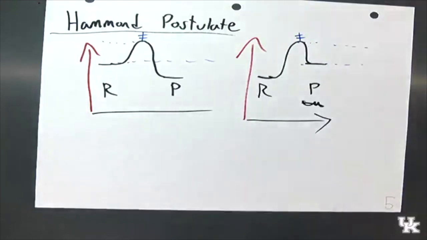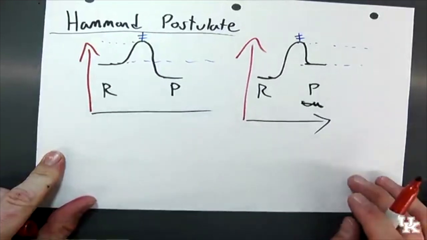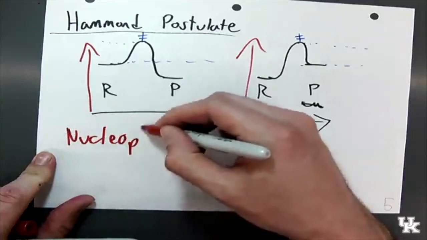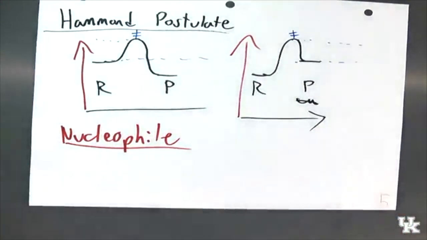First, let's go over the nucleophiles and electrophiles. Okay, so nucleophiles, they're electron-rich atoms that are attracted to partially or fully positive atoms. And because of this electrostatic attraction, they react.